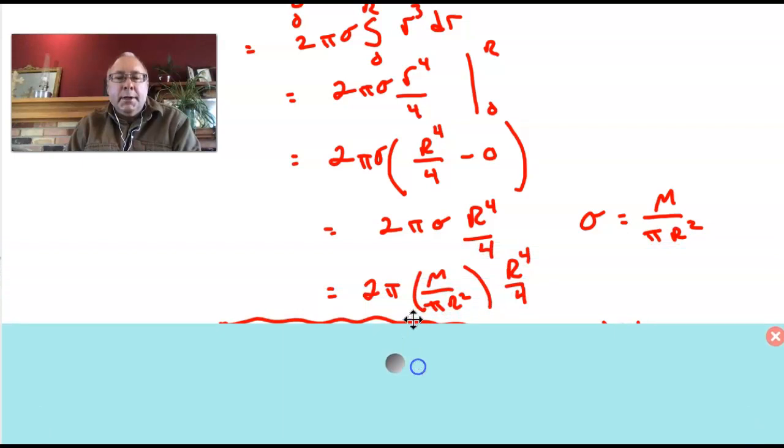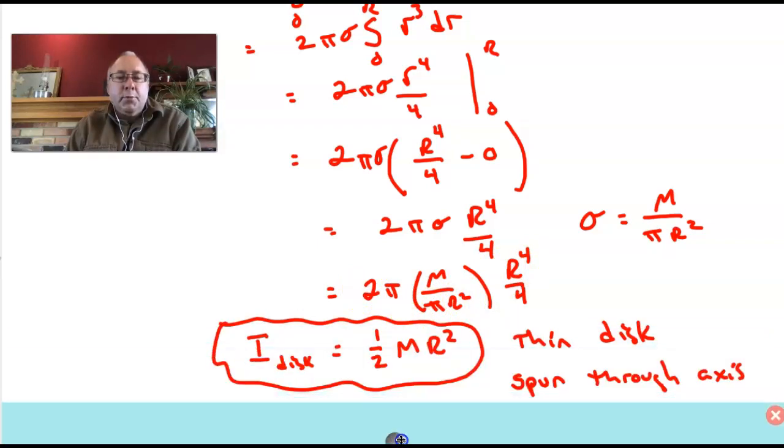And so we have to replace the mass density with our sigma expression of the mass of the disk over pi r squared. So when we do that and replace the sigma with m over pi r squared, then we can see that the pi's will cancel out. On r squared, we'll cancel one of these r squareds, and we'll have 2 over 4, which is a half. So that comes up with our expression for the moment of inertia of a disk.